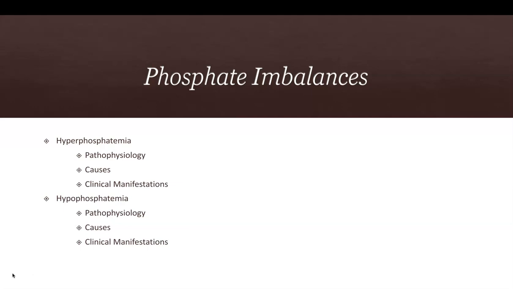Long-term use of laxatives or enemas that contain phosphates can also cause it, as can hypoparathyroidism. Usually with this, you're going to see symptoms that are similar to low calcium levels, which are caused by the high phosphate levels. So the signs and symptoms are going to be similar to hypocalcemia.